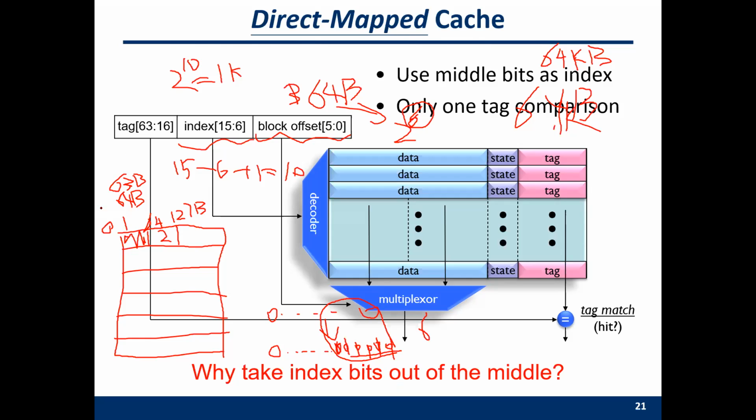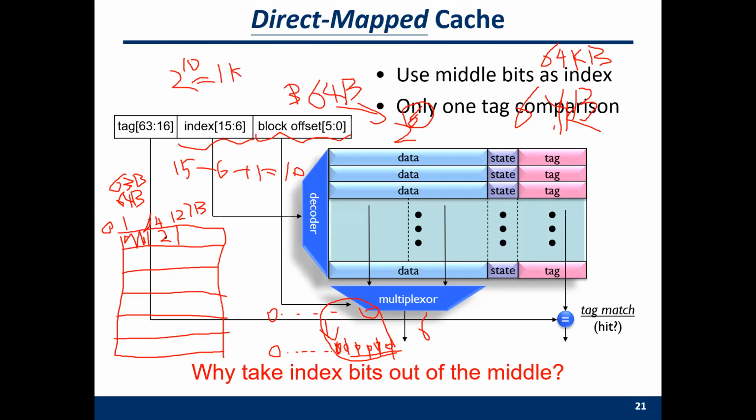Why do we use these bits as the index? This is the second part of the question. Because potentially our application has so-called spatial locality, which means that if I access the first block here, very likely I will access the next block.